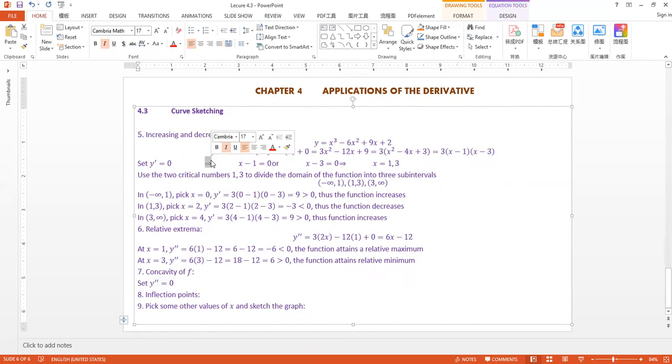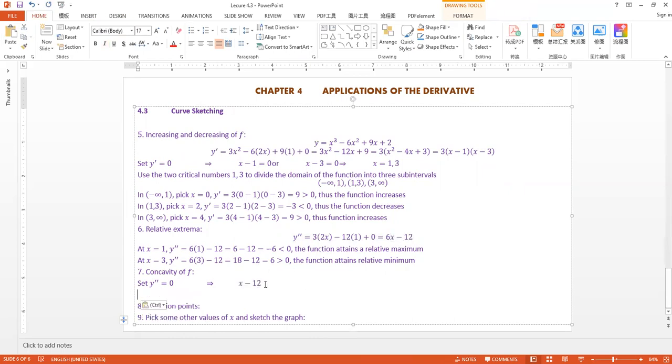Then we can find the critical numbers. So if you set the second derivative equal to 0, we get 6x minus 12 equal to 0. We already found the second derivative of the function here.